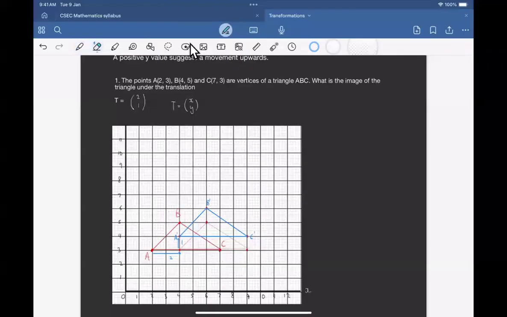So just to recap, when we talk about translation, a translation is comprised of an X movement and a Y movement. Bryce, the X movement is what direction? Horizontal or vertical?